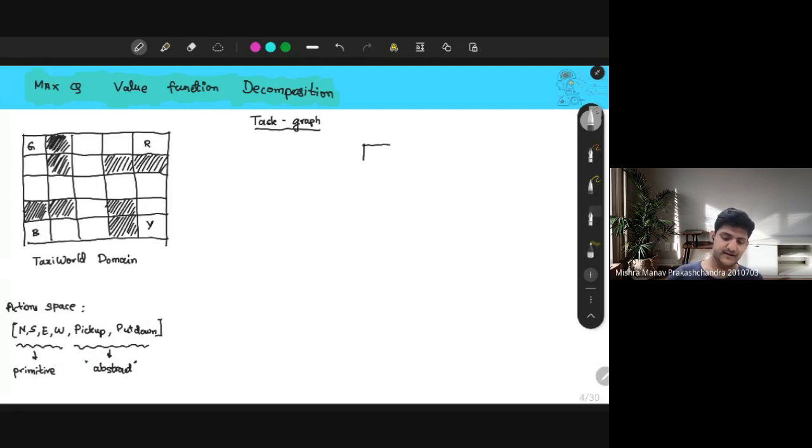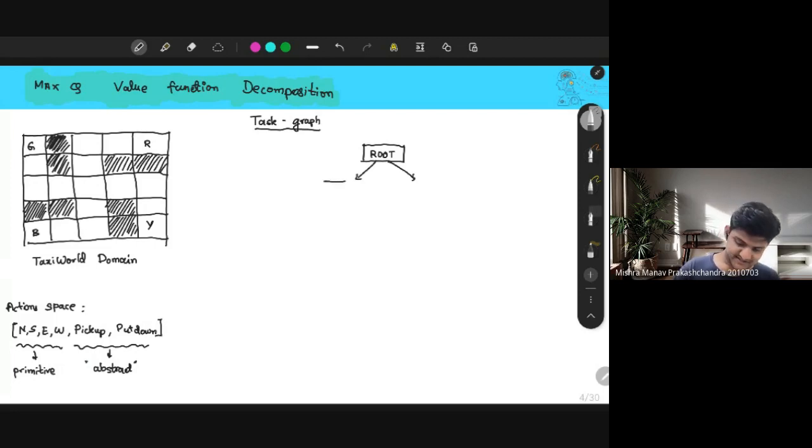In the beginning, you have a root node. This is where the main control of the MDP remains. The main control is to pick up passengers and drop them to the desired location. The root node is decomposed into two subtasks.